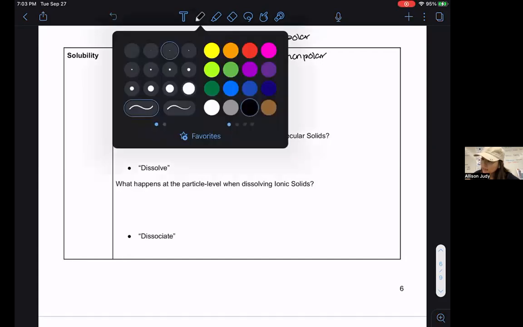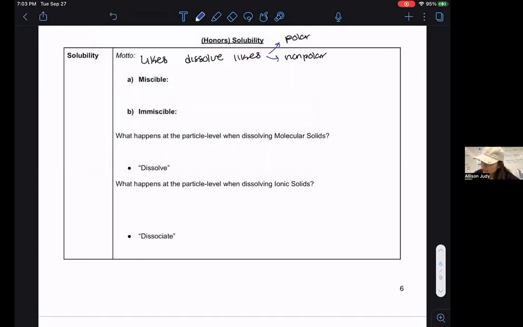What we mean by like dissolves like is that polar likes to mix with other polar substances. They'll be soluble, they'll mix well, they'll become a homogeneous mixture, a solution you can't see or easily tell the individual components of. And non-polar likes to mix with non-polar substances, again producing a homogeneous mixture.